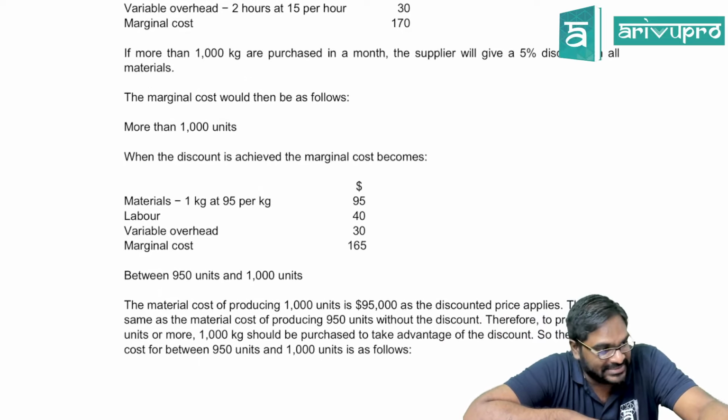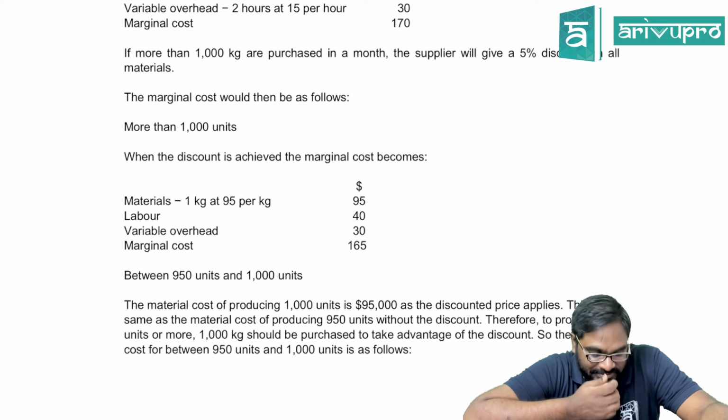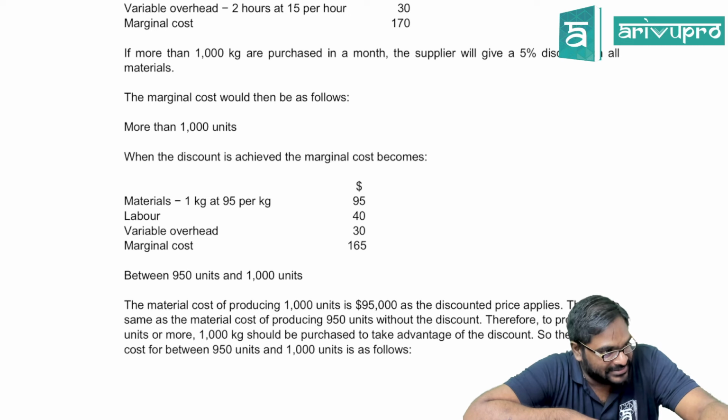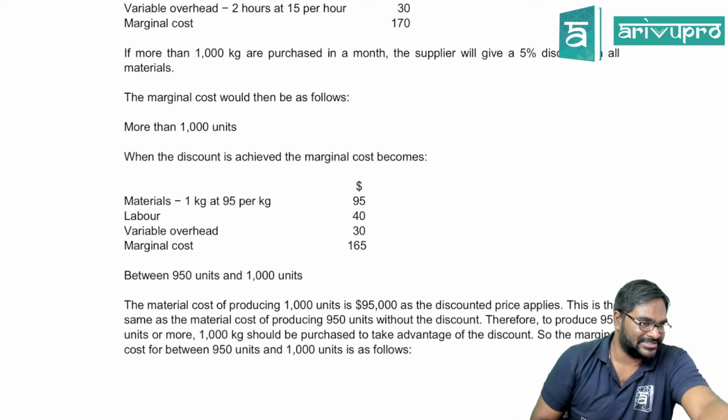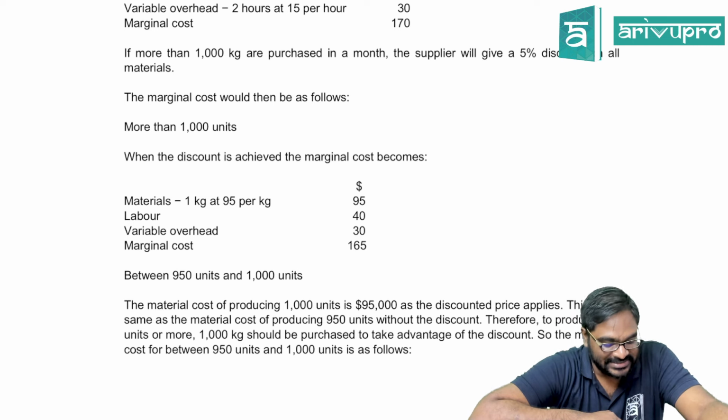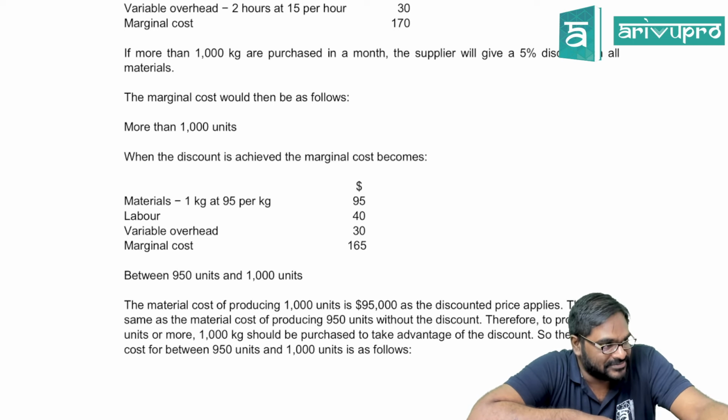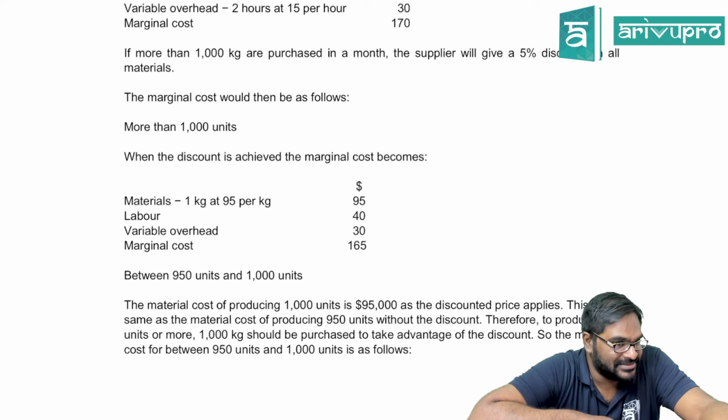If you purchase at 95, currently, if you are going to incur the same cost, assume the same number of, what do you call, kilograms. How much is the units you can go for? 1000 divided by 95. Agree? Right.